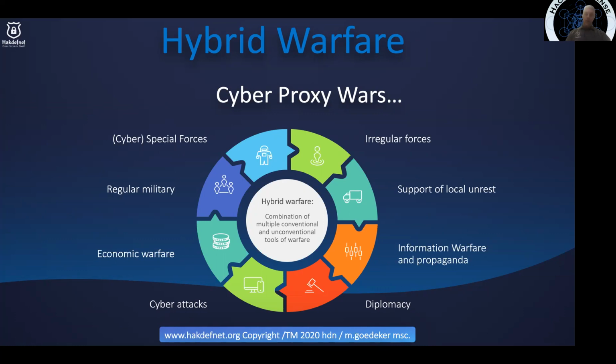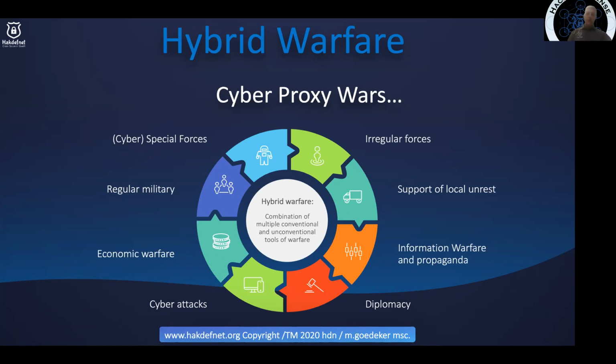The interesting thing and the frightening thing at the same time is that this information warfare and propaganda that Russia, China, and others have been waging against the United States over the last few years is extremely successful, because there's basically no risk of the people powering these attacks getting caught.